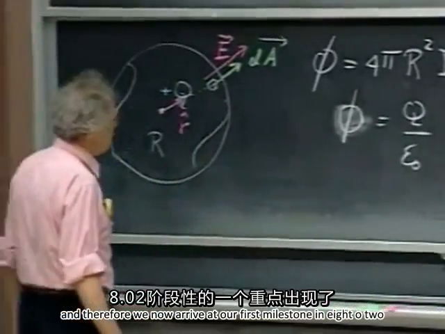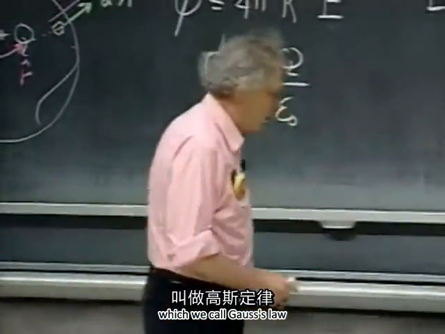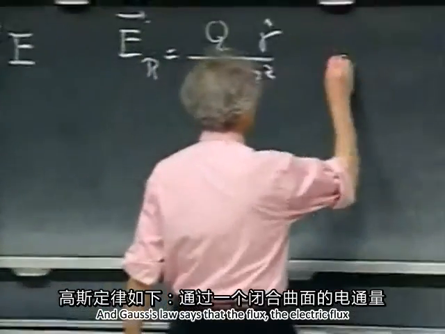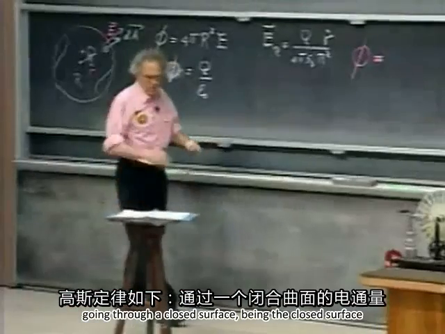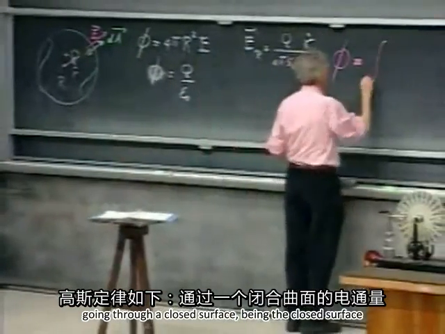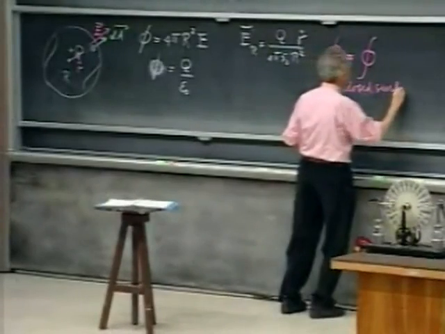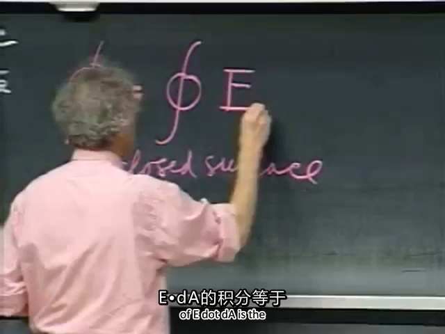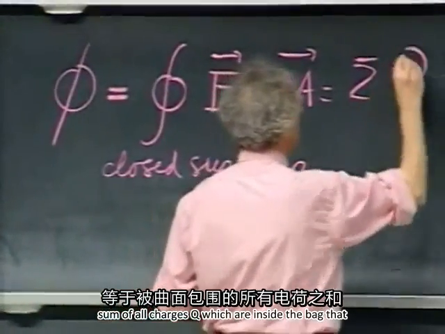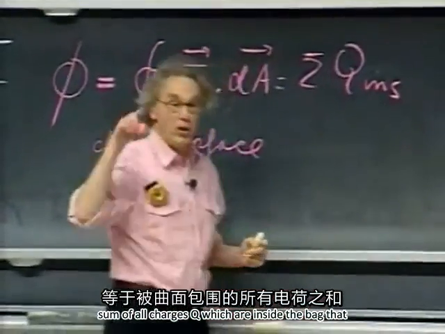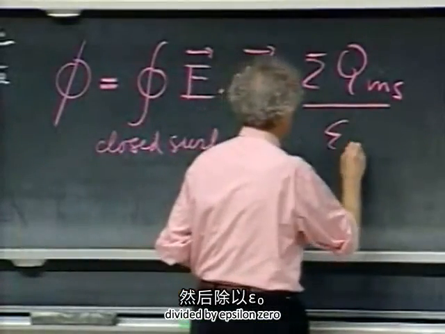And therefore, we now arrive at our first milestone in 802, which we call Gauss's law. And Gauss's law says that the electric flux going through a closed surface, the closed surface integral of E dot dA, is the sum of all charges Q which are inside the bag that you may choose at any time you pick that bag, divided by epsilon 0.